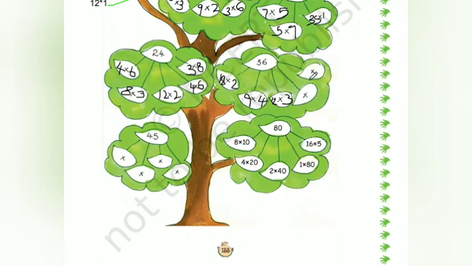Then what? 36 times 1 is also 36. 4 times 9 is also 36.